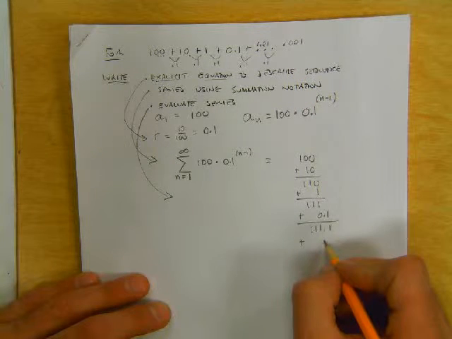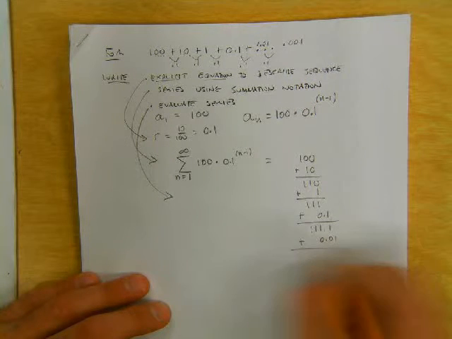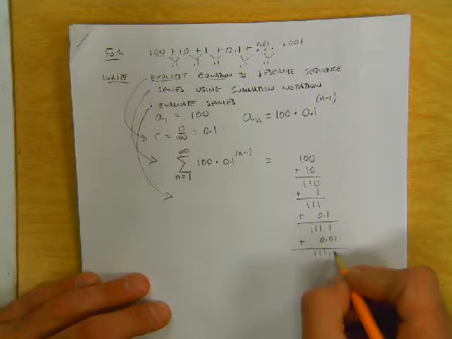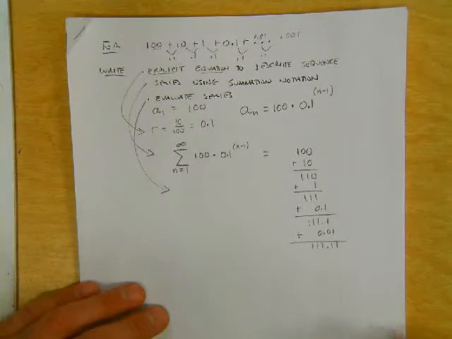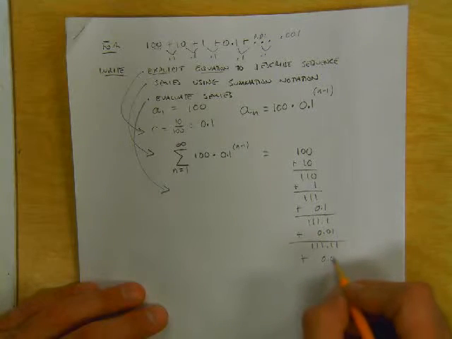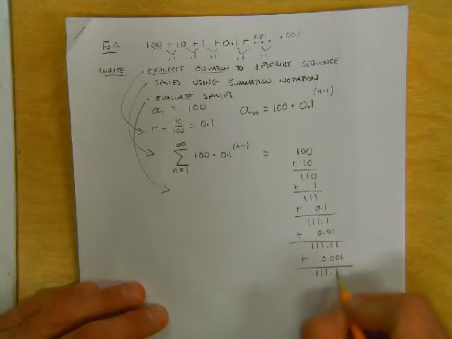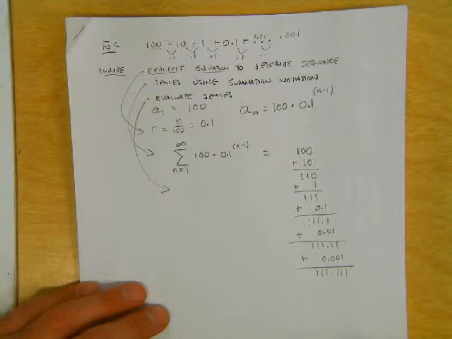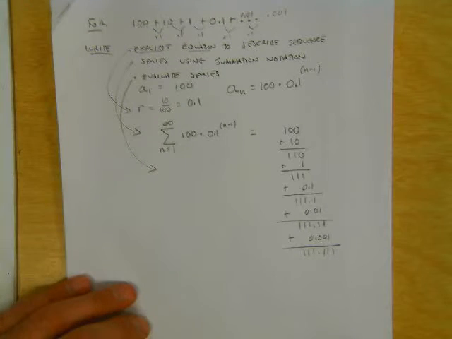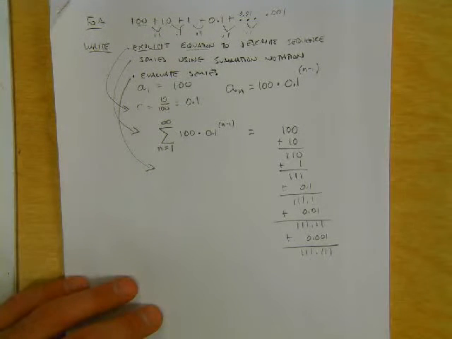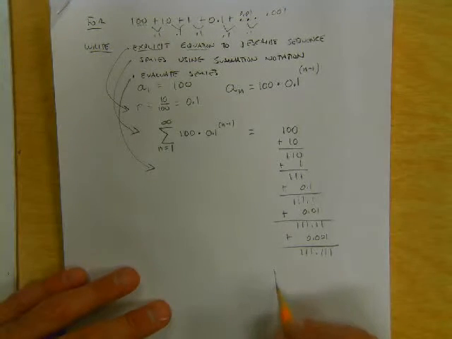And then our next term is going to be 0.01, and so we get 111.11, and so on and so forth. Well, this is kind of crazy. 111.111, on and on and on. Well, what is this eventually going to add up to as we go off to infinity? I don't know. It's interesting.